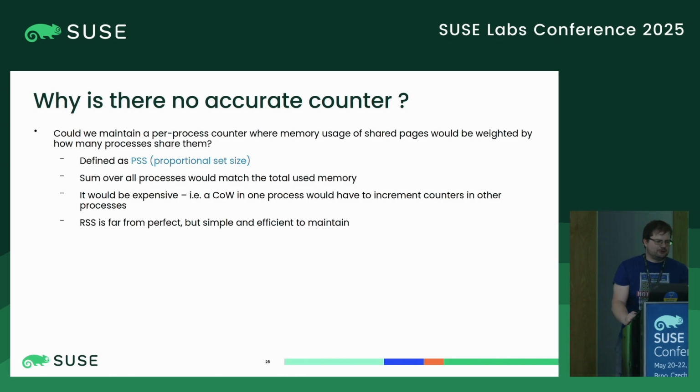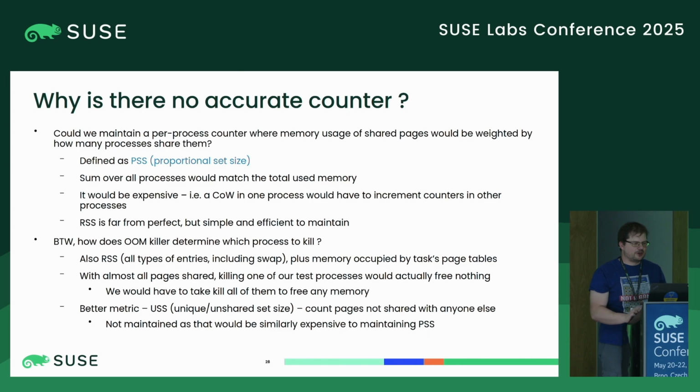It would be possible to have a more accurate counter, like there's this definition called PSS, proportional set size, which could weight the contribution of each page to the memory occupation by how many processes share that page, and that would be better, but it would be expensive to maintain, because now we would have to update the counters for other processes while modifying one of them, and this would be too impractical.